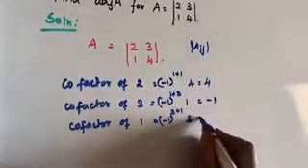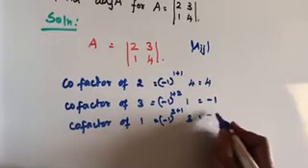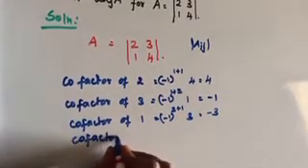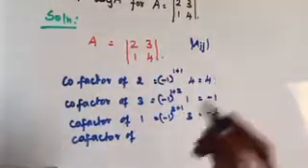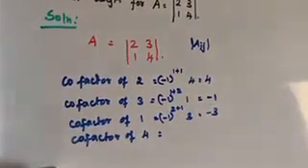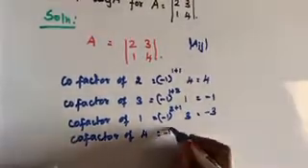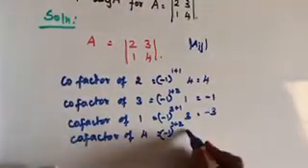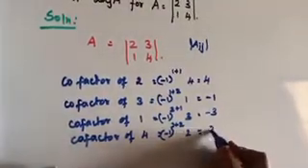So minus 1 cube, so it is minus 3. Again, cofactor of 4 is equal to minus 1 power, second row second column, so 2 plus 2, it is 2.